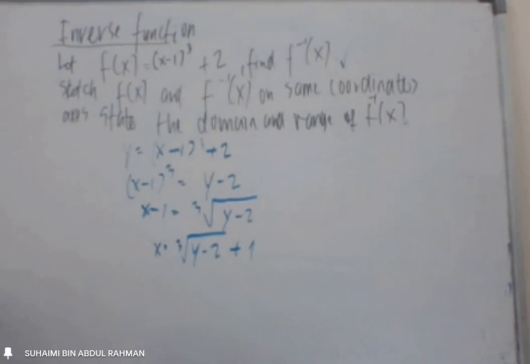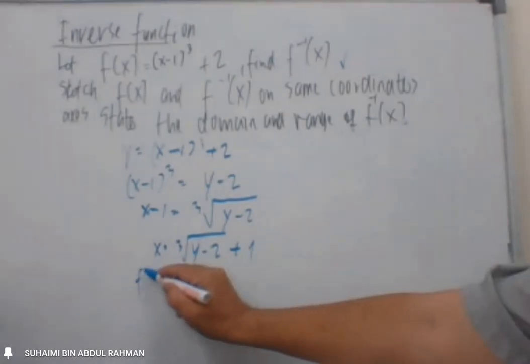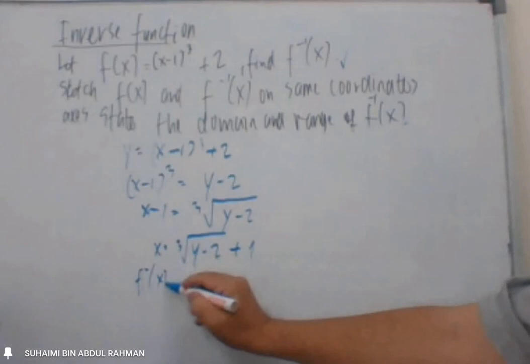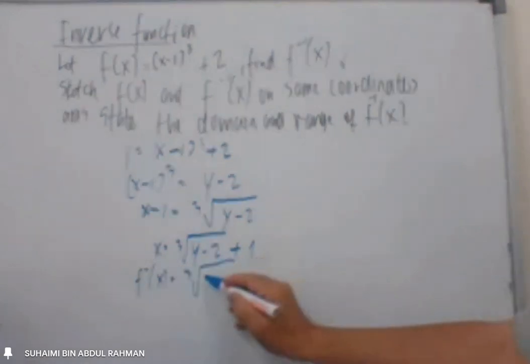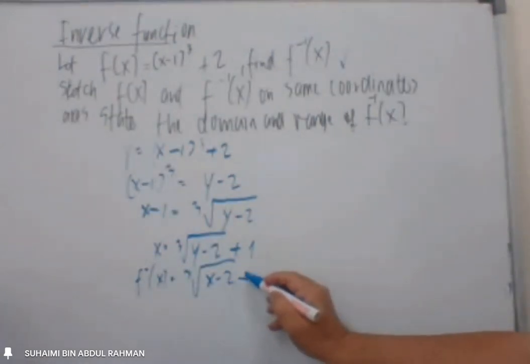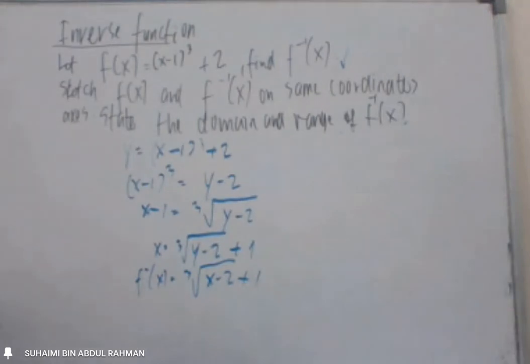So the inverse function is the cube root of (x minus 2) plus 1. That's the inverse function for f(x).